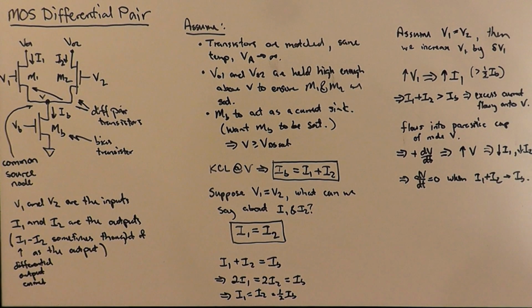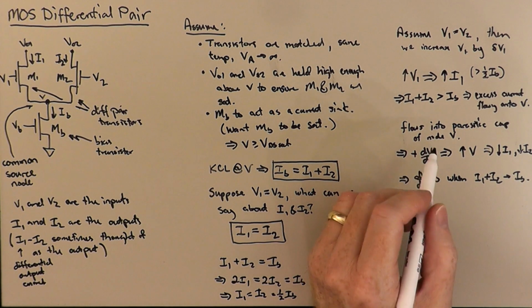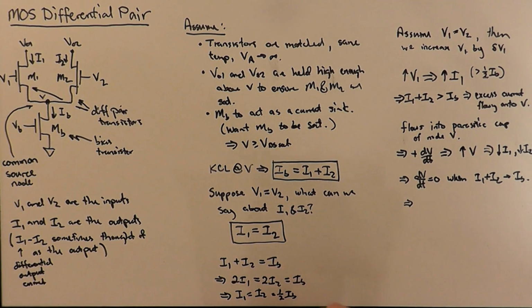Again, the sum transiently was above IB, and then the increase in the source voltage turns the current level in both transistors down until the sum goes back down to IB. Well, we know that I1 increased above IB over 2, and I2 decreased starting at IB over 2.